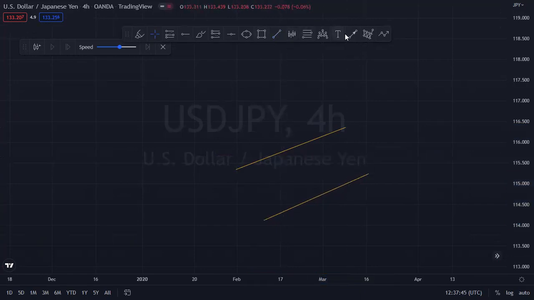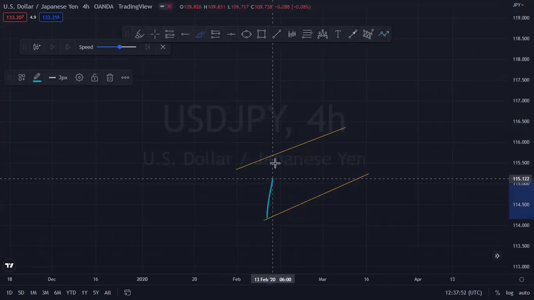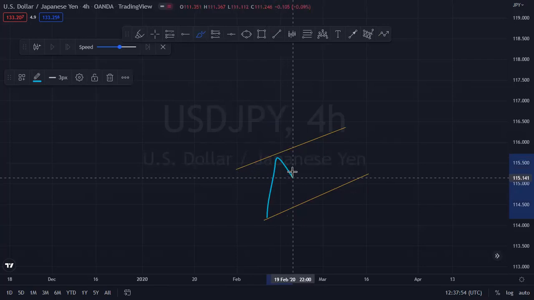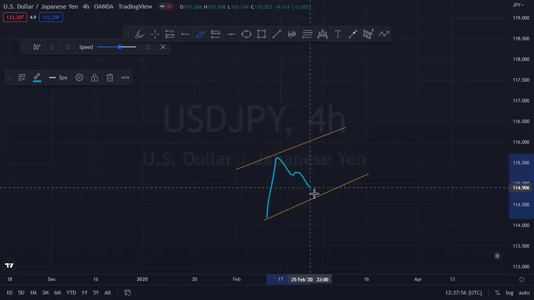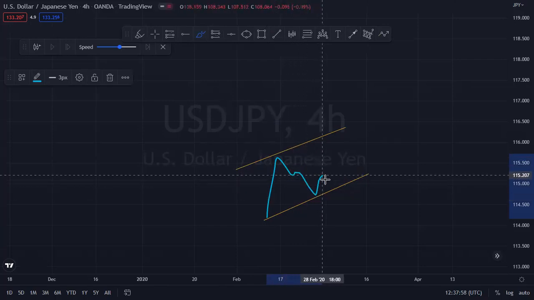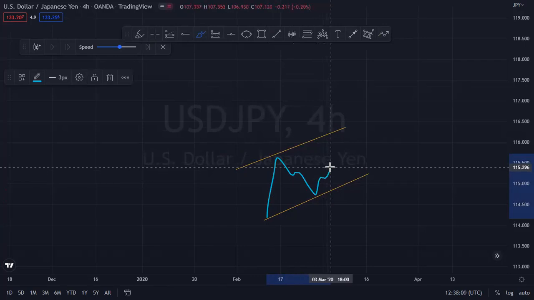Clean, right? So now we have this impulse, we have correction, and then we have continue impulse, correction, inverted head and shoulder, right?